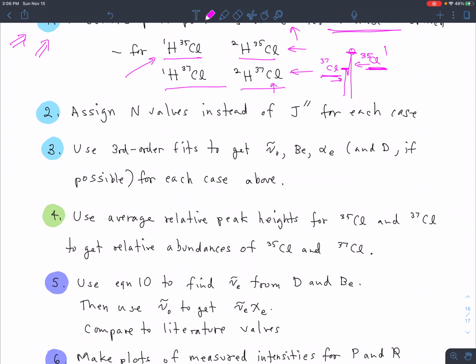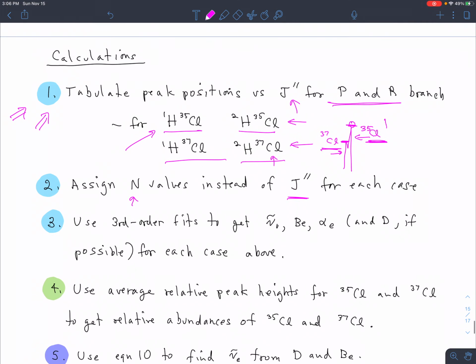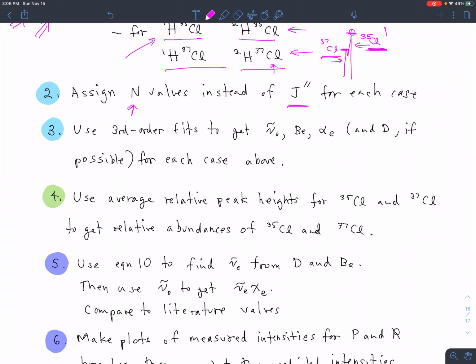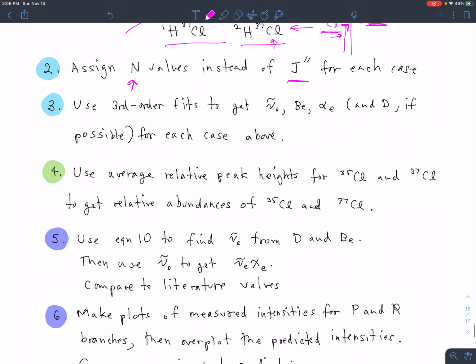Then convert the J double prime values to N values, right? You're going to get J double prime values for the P branch and for the R branch. Using the formulas above, you can convert all those to N values. Then you can use a third order fit to extract these experimental values, these model values, and D. I mean, the third order fit works really well out to second order.